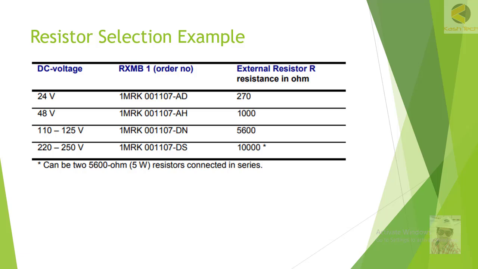It is also important during commissioning of the trip circuit supervision relay that you check the manual and confirm the resistor installed at site is as per the site voltage requirements. For example, if by mistake a manufacturer supplies this order number with 24 volts, you can see the circuit breaker tripping automatically, and it's difficult to find where the issue is.